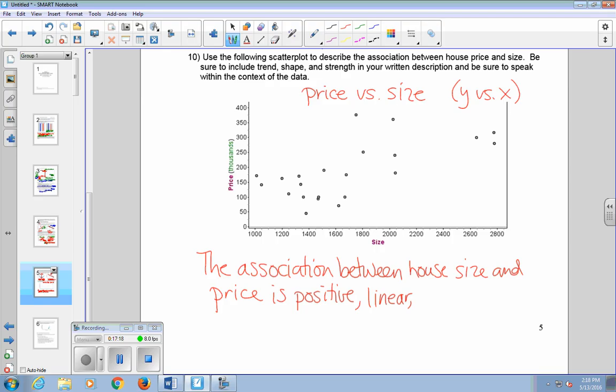And we can say the strength of the association is moderate. Maybe moderate to strong. So again, that is somewhat subjective right now. In other words, we can follow this up with: as house size increases, the price also tends to increase.